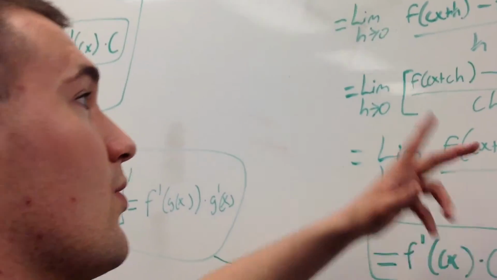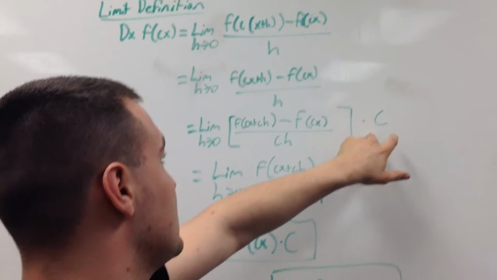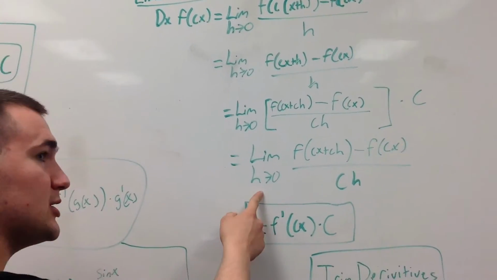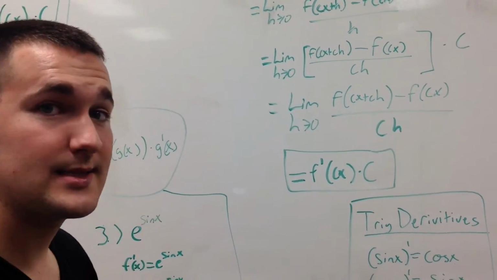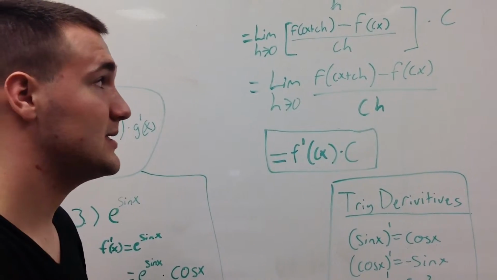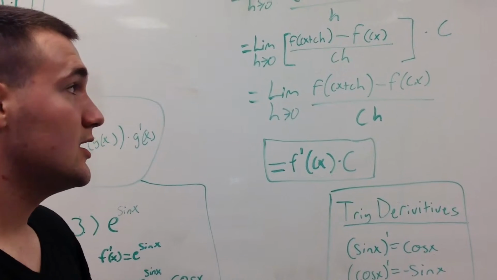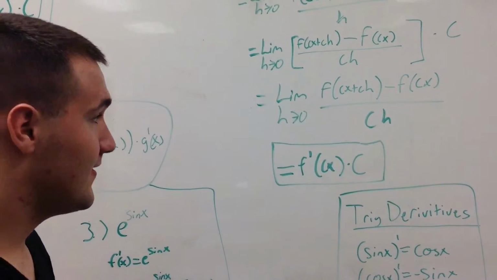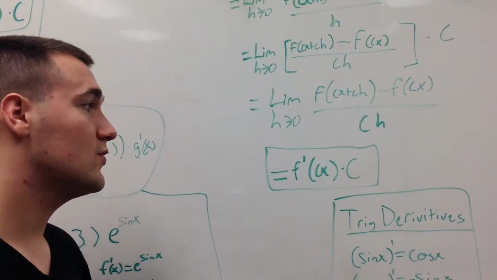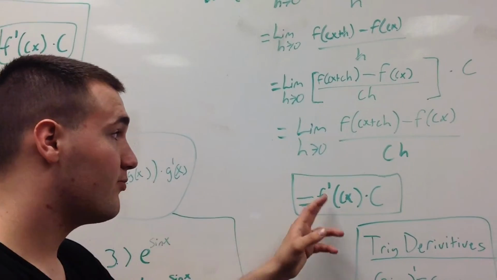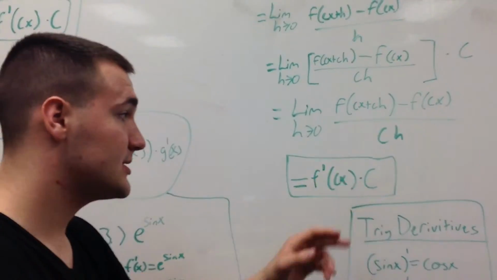So what we're going to go ahead and do is multiply by c to get that on the bottom, and now we're going to have the limit as h approaches 0 of f(c(x)+ch) minus f(c(x)) divided by ch. When we plug in our zeros, we will find that the limit definition will equal f prime of c(x) times c prime.